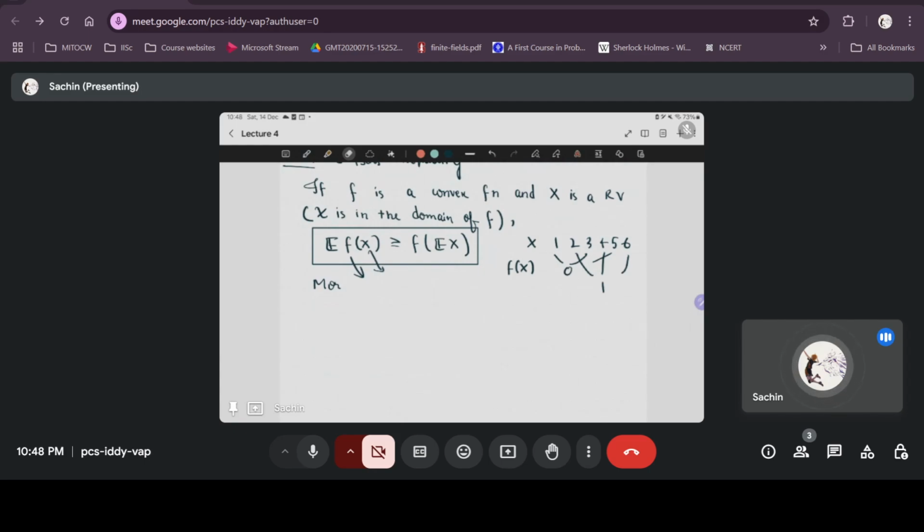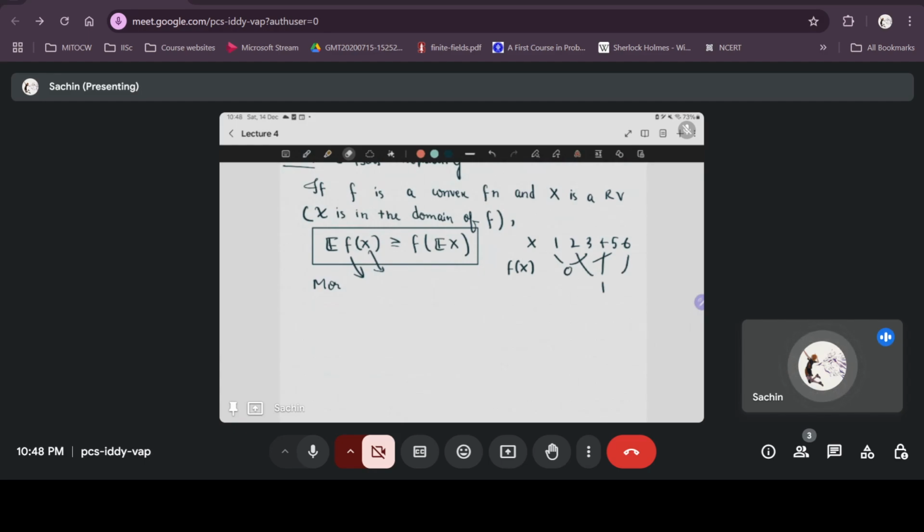So the expected value of f of x, in the end, it's just a subtle point there. It's a small difference from the 2 point example.